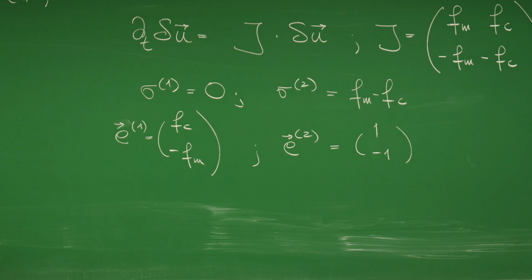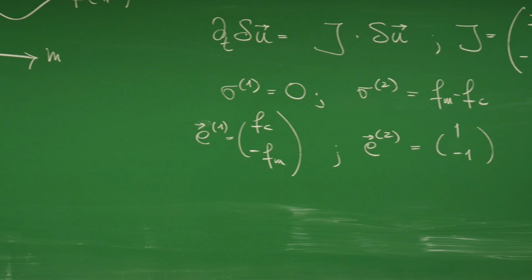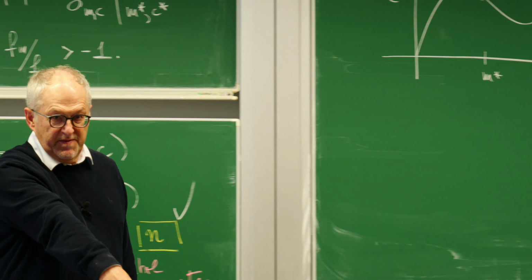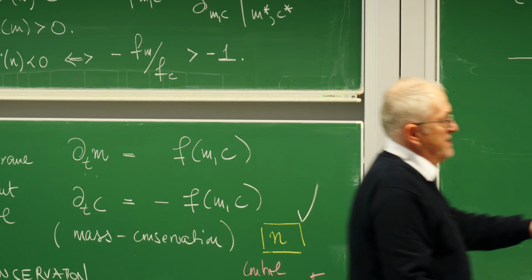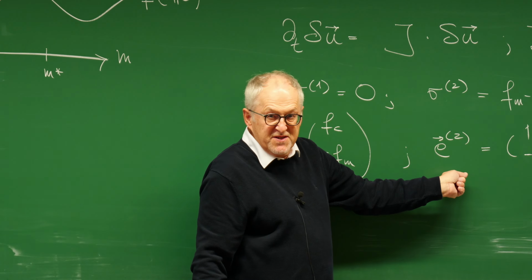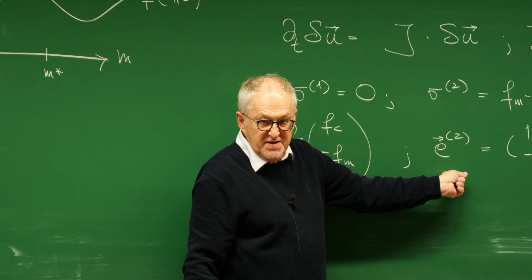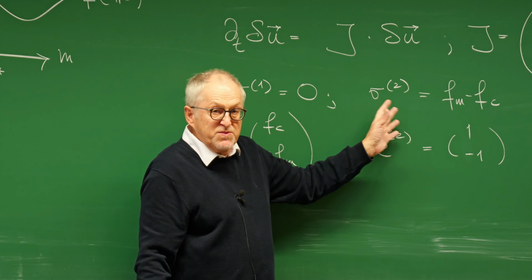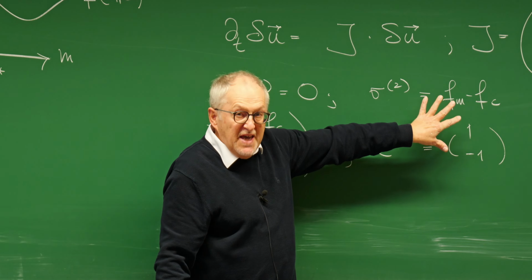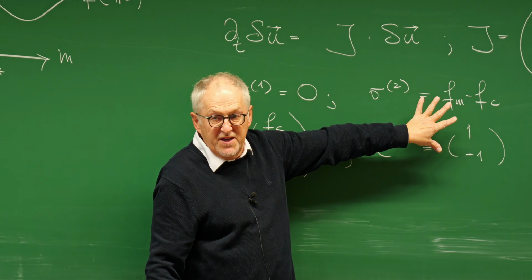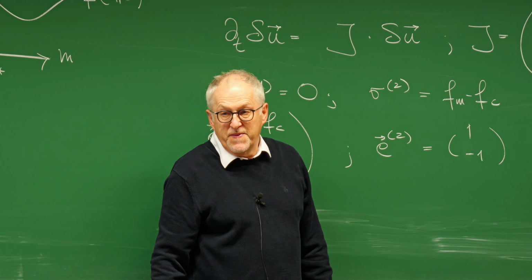The second eigenvector is easy. 1 minus 1 is the simplex. So this is the eigenvalue in the direction of the mass-conserving subspace, or the reactive subspace as I called it. And that's what we did before. We stayed on that subspace by construction. We only allowed deviations in that direction.